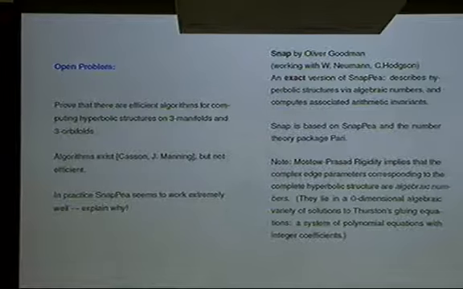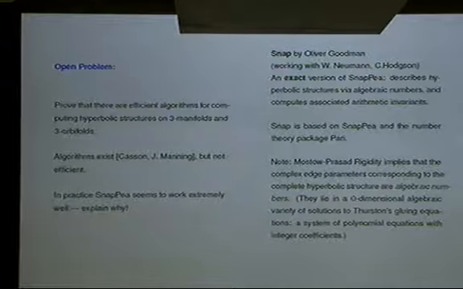And I might ask, why do we expect things to be algebraic? Well, again, it basically comes from Mostow rigidity. That will actually imply that the complex edge parameters I was using before are algebraic numbers. So they satisfy some polynomial equations with integer coefficients.